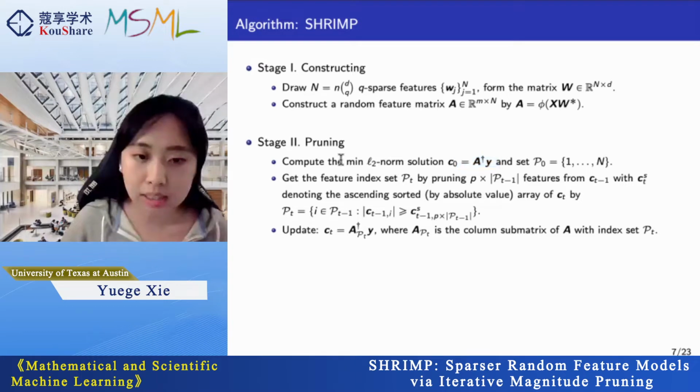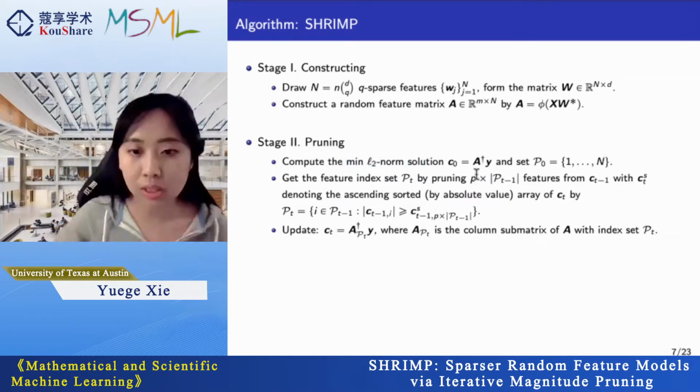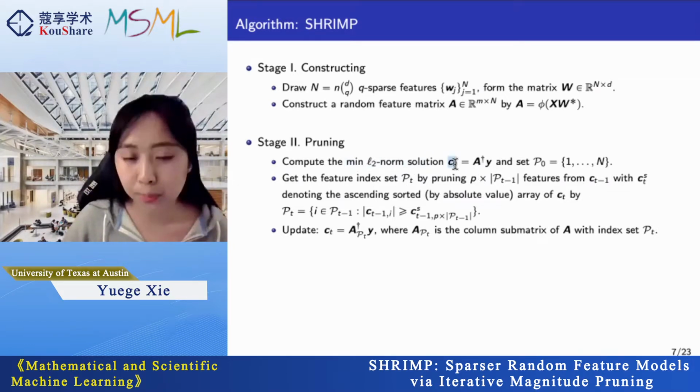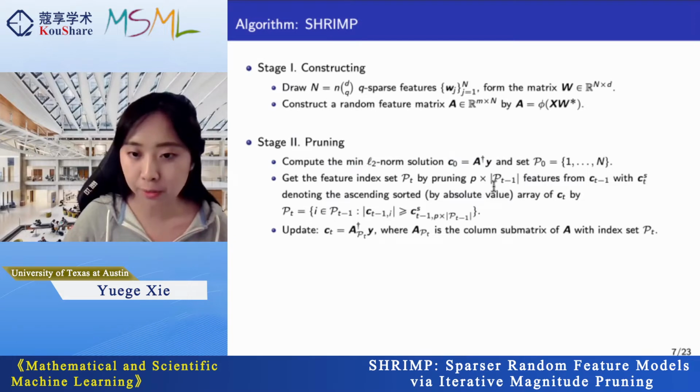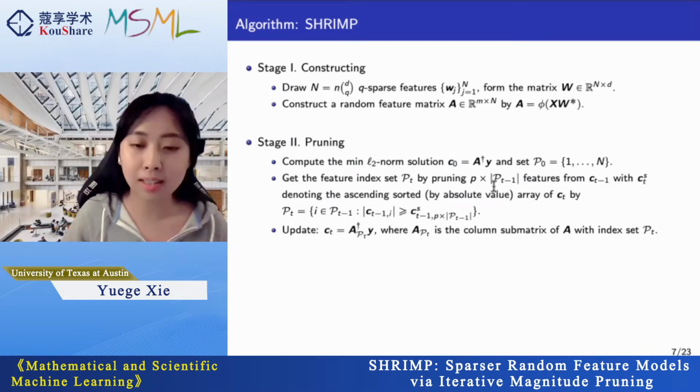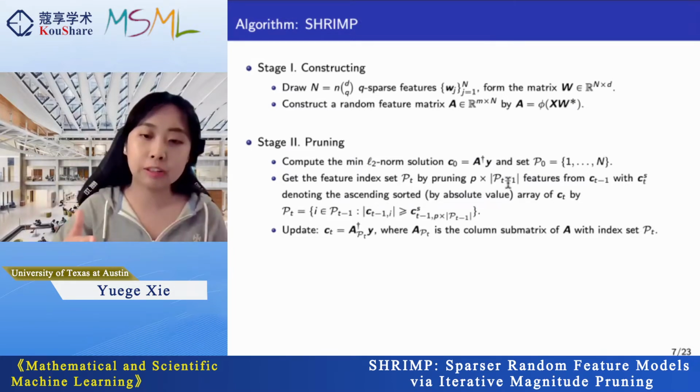After getting the first min norm solution, we have a feature index set and also the resulting C naught vector. We do the pruning based on the absolute value, the same as in iterative magnitude pruning. We sort it and only keep a certain portion of the weights.